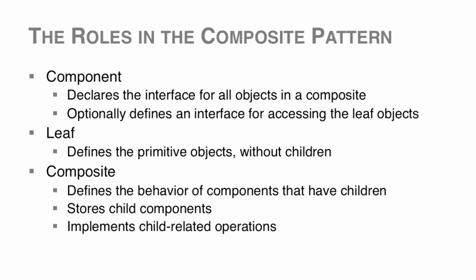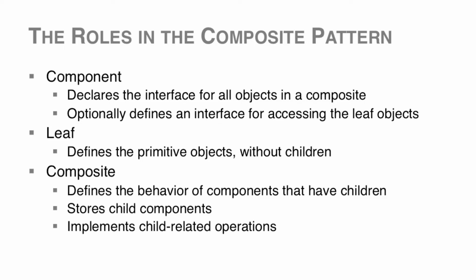It also is the target for the composite association, so that the composite can contain components, and leaves and composites are components. We also have the concept of a leaf. A leaf is the atomic element in the object graph or tree. The composite is obviously the one that holds a set of children. It stores child components typically, although sometimes you'll see that the component actually keeps track of what composite it's in, but that's more rare.